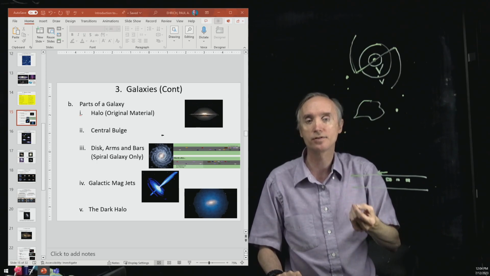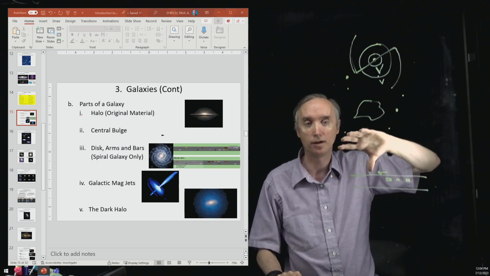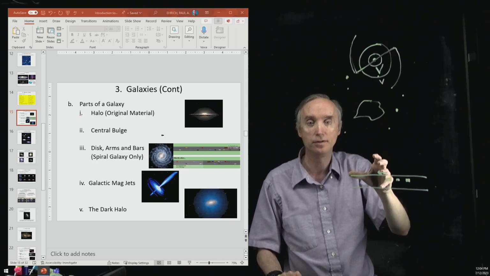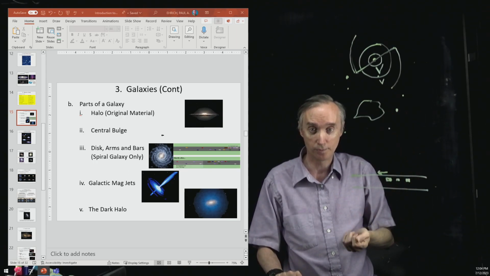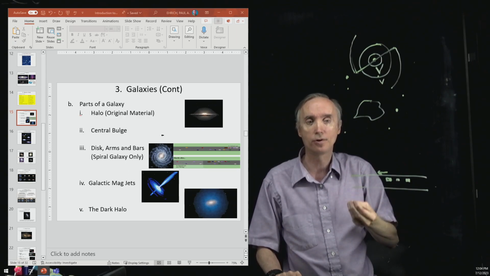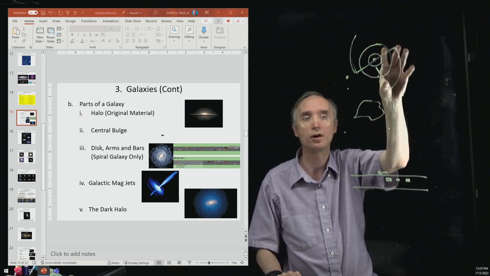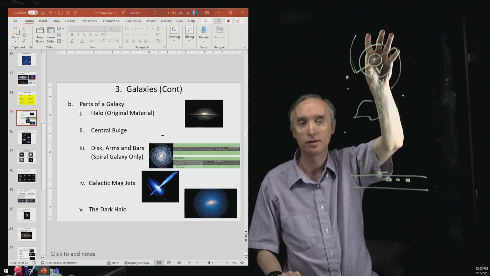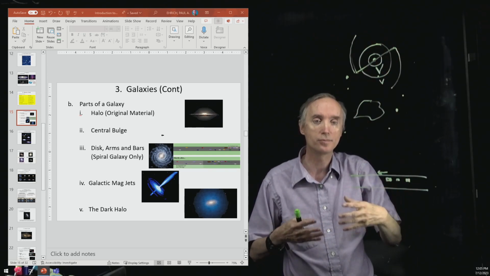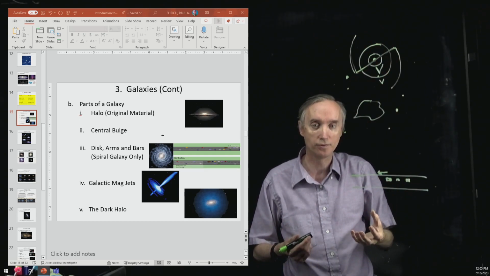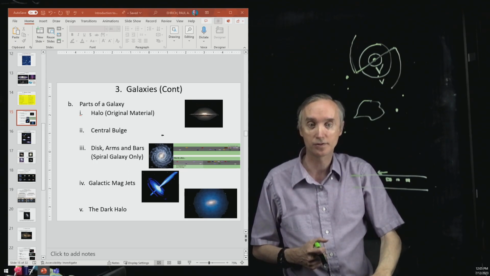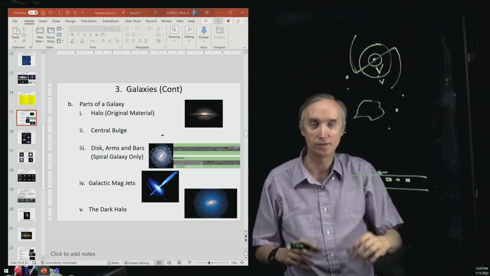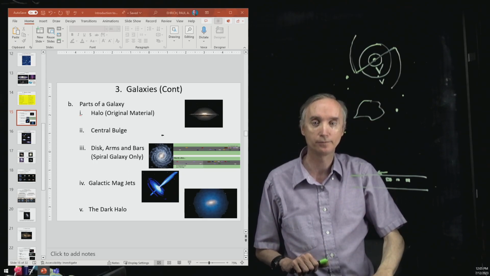It might also have something to do with the rotation of the galaxy. It might have something to do with the collisions of galaxies that form these bars. So I'm more interested in what causes the arms. And again, we think that the arms get started as a result of collisions between galaxies. So these density waves, that's how they get started in the first place.